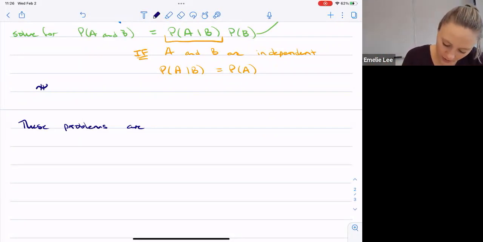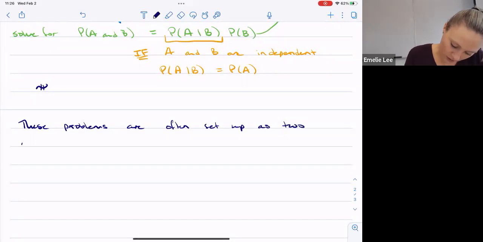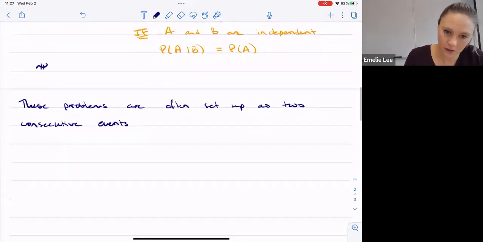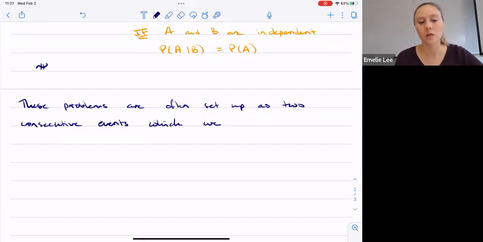These problems are often set up as two consecutive events, which we can visualize, just to lay it out and solve the problem visually, with a tree diagram.